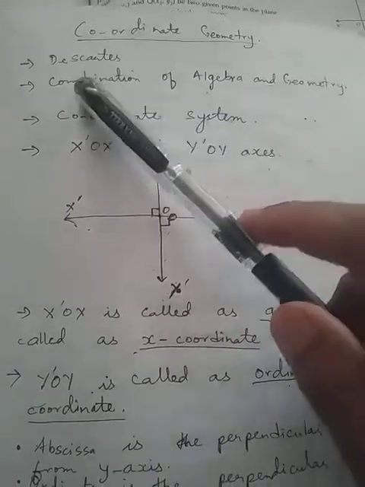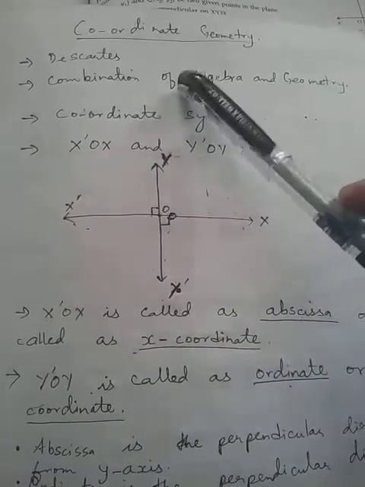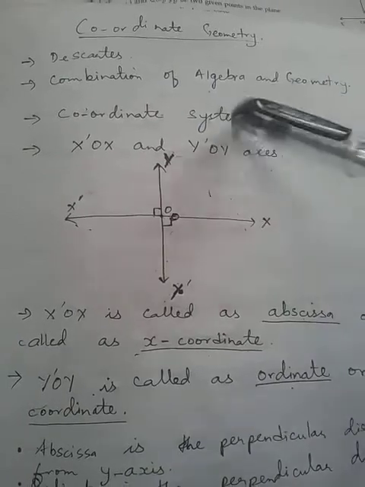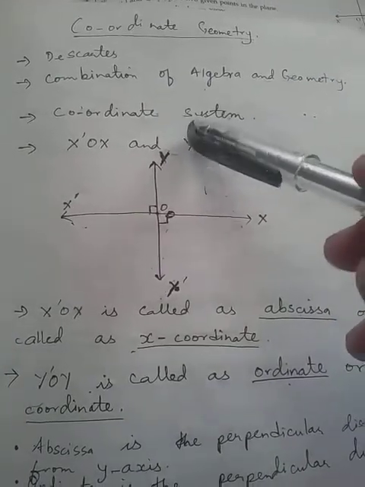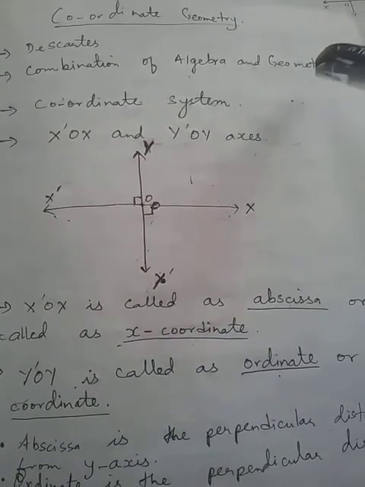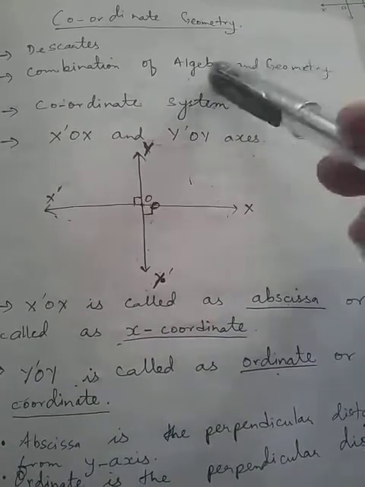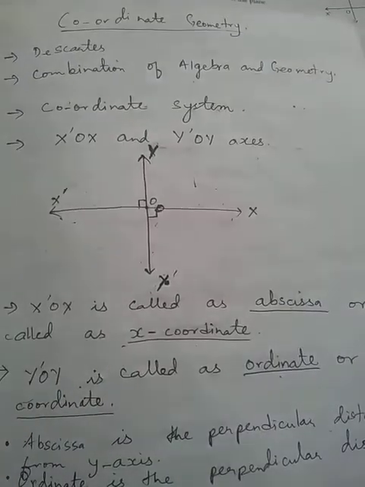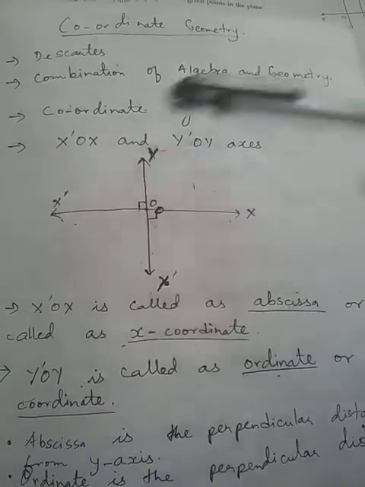It is nothing but a combination of two branches of mathematics, algebra and geometry. They combine these two branches of maths together to get what we call coordinate geometry, or the coordinate system.